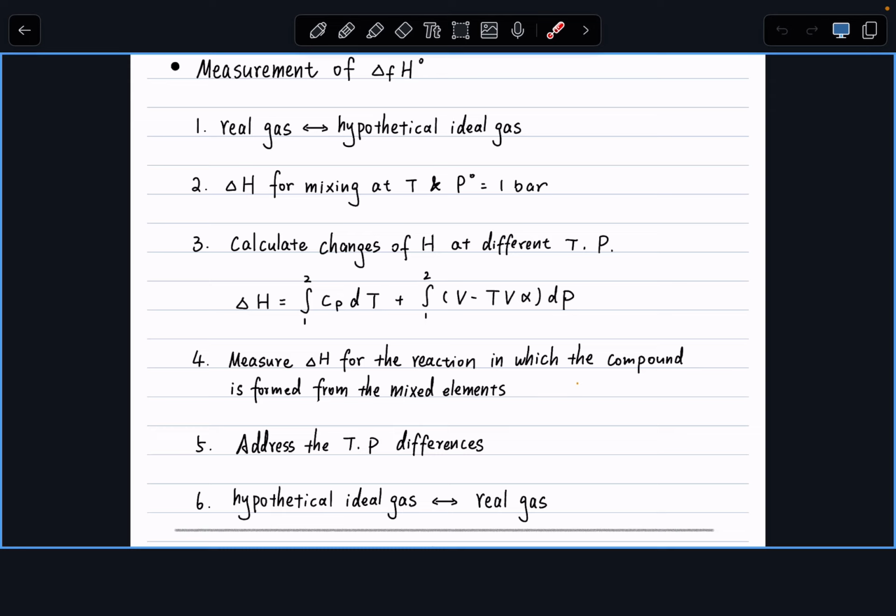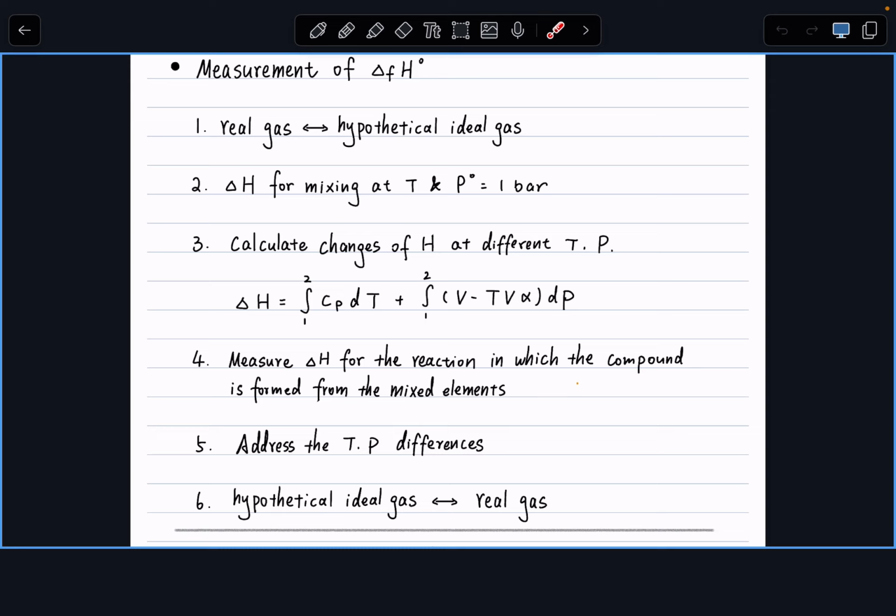Next up, we want to address the difference in enthalpy at different temperature and pressure. Or the other way to put it is, we want to change the current temperature and pressure to the experimental condition. Right? The temperature we do the experiment at is not necessarily 1 bar and 298 Kelvin. That's the standard state, but experimentally, we might have a different setup.